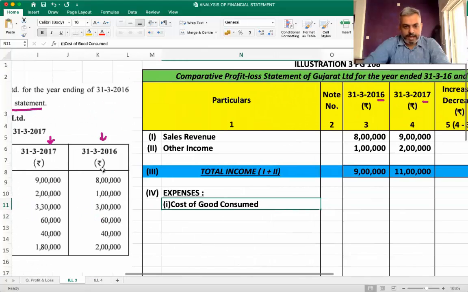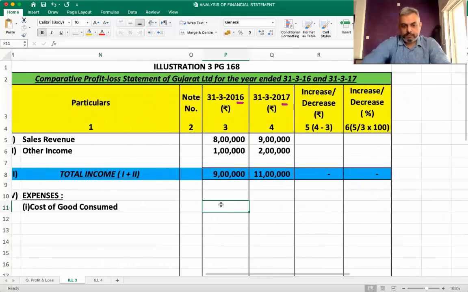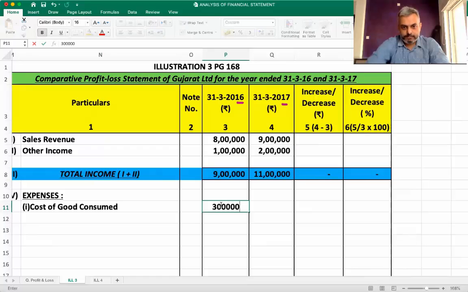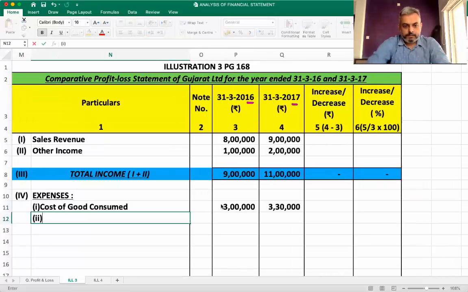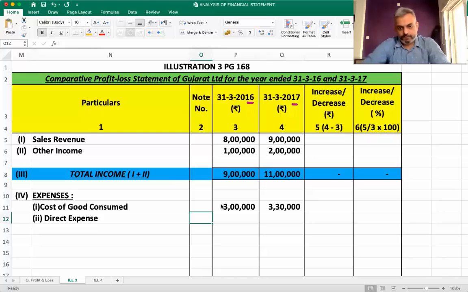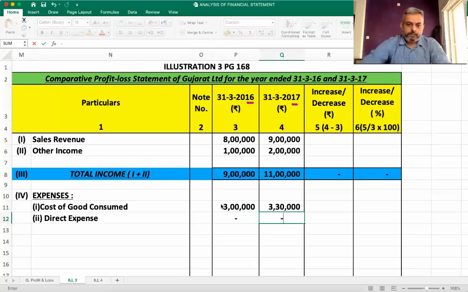It is 3 lakh and 3 lakh 30,000. Direct expense is also included in cost of goods consumed. That is what I assume, but still I'll write it, not there.